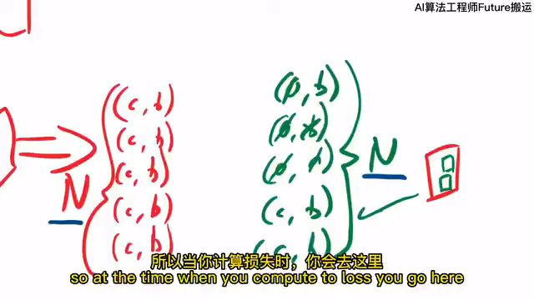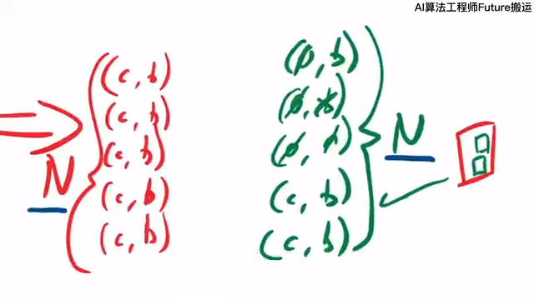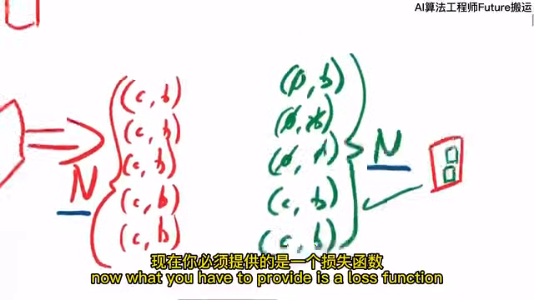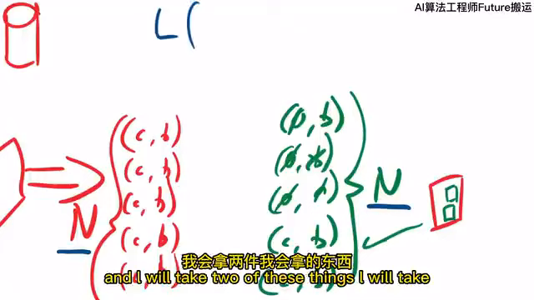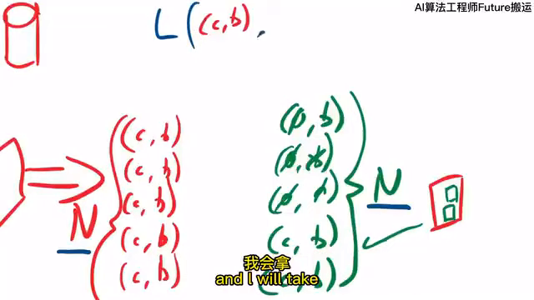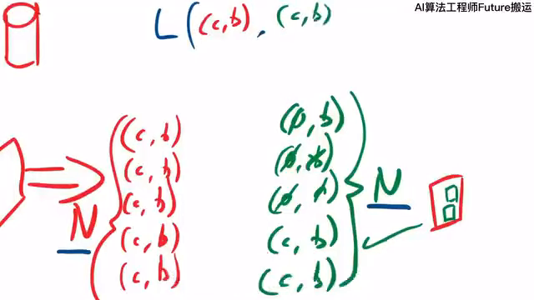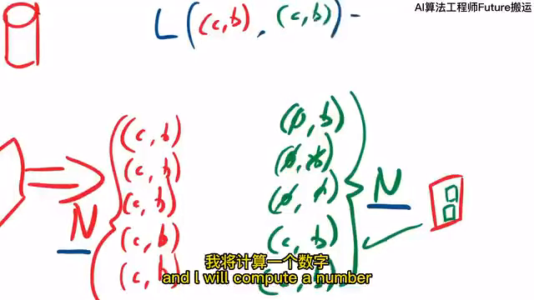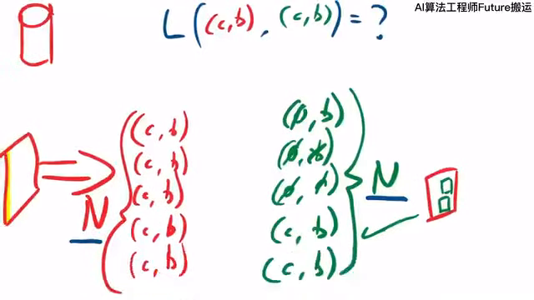So at the time when you compute the loss, you compute what's called a maximum matching. Now, what you have to provide is a loss function. There's a loss function, L, and L will take the predicted thing of your model, and L will take one of the true underlying things, and L will compute a number and say how well these two agree.